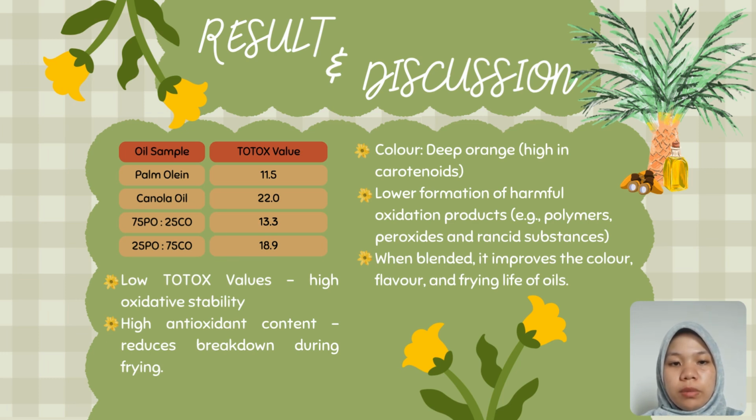All of these compounds help maintain the original flavor of the food without producing a rancid or burnt smell. In addition, palm oil has a rich orange-yellow color due to natural carotenoids. It is also less likely to form harmful oxidation products like peroxide, polymer, or rancid compounds. That's why blending with palm oil can improve color, flavor, and frying life.